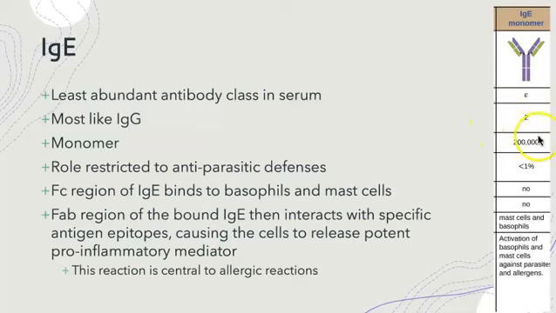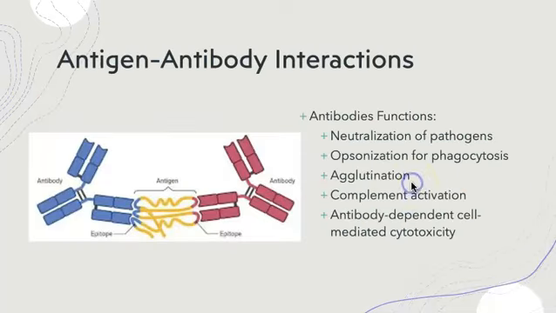That would be the attachment down here to our cells, and the Fab region up here is going to interact with specific antigen epitopes, which cause the cells to release potent pro-inflammatory mediators. We see this reaction as being central to allergic reactions, in which, as you know, mast cells and basophils play an important role.